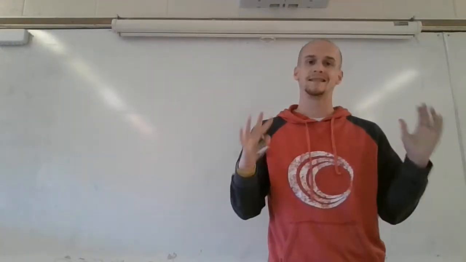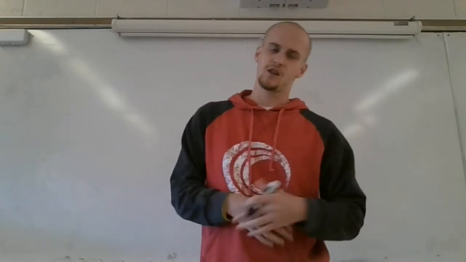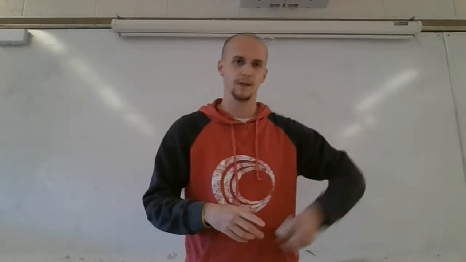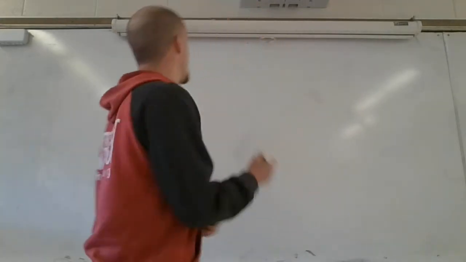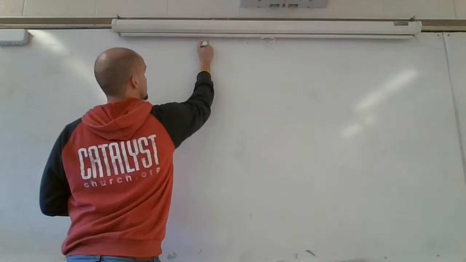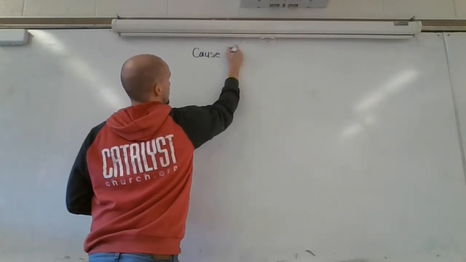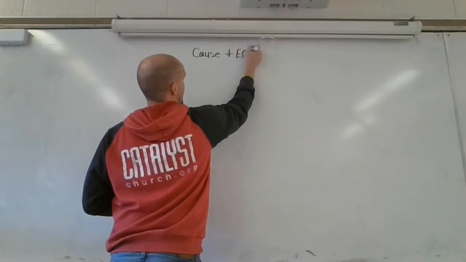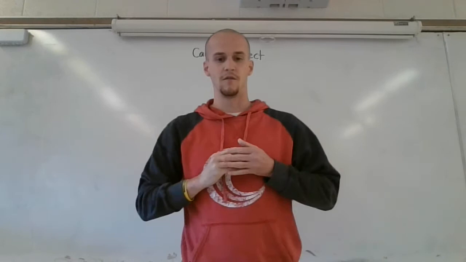So today we're going to continue looking at the different types of text structure. Previously we discussed chronological order text structure. Today we are going to look at cause and effect. Just another different type of text structure.